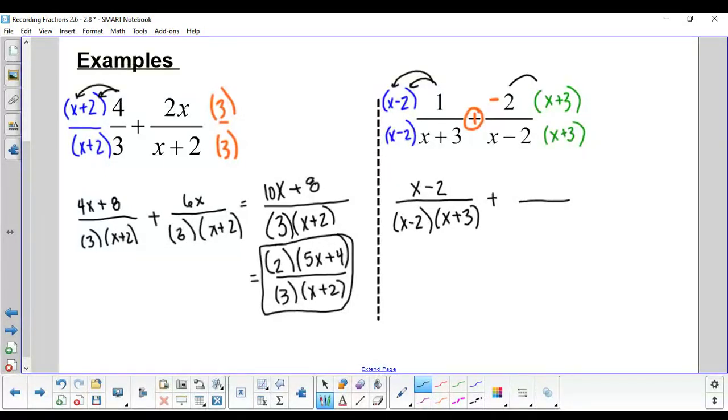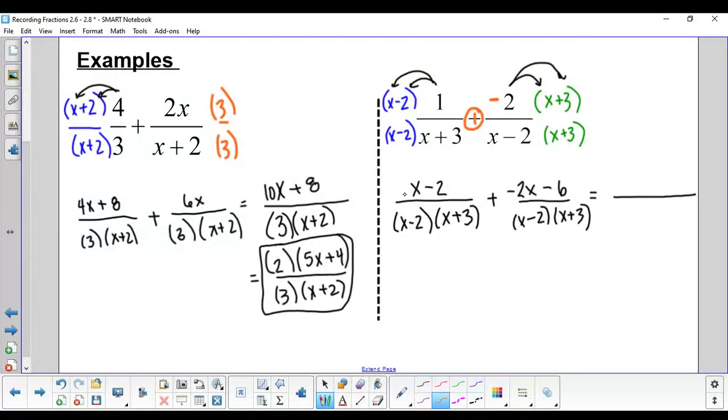Multiplying the next fraction, I will get negative 2x minus 6. On the bottom, again, we have x minus 2 times x plus 3. Now that I have a common denominator, I can combine my numerator like terms and simplify.